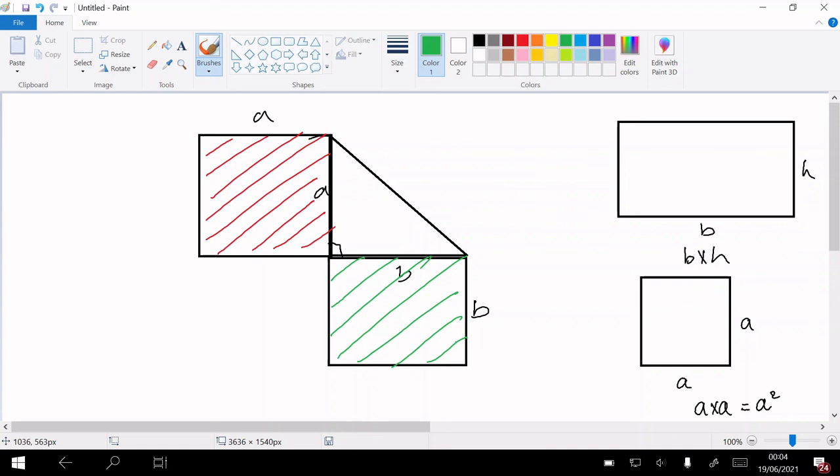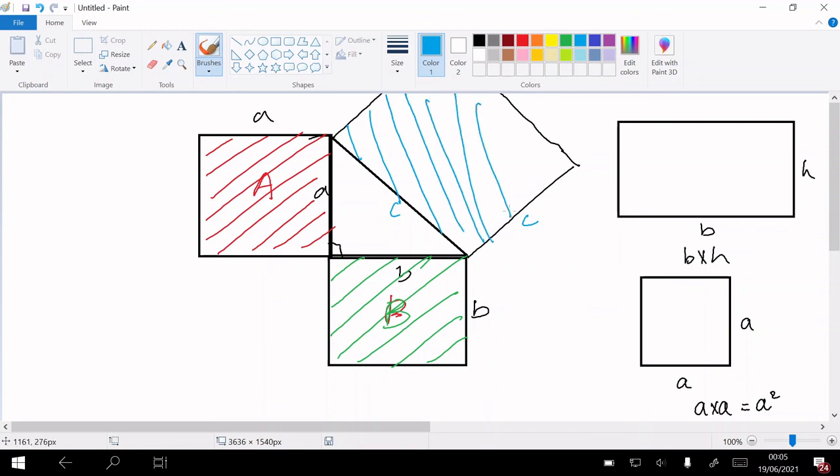And what the equation, the Pythagoras theorem, is stating is that when you add this area to this area, you get the area for C, which is this square, which is C times C, which gives you this.